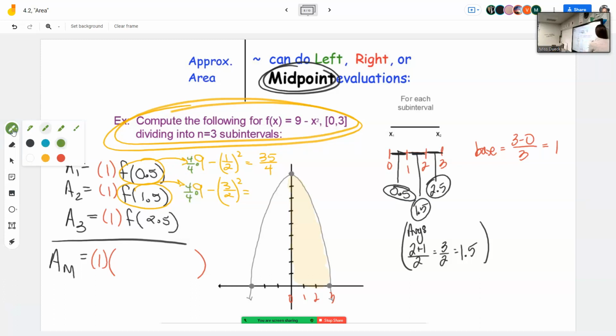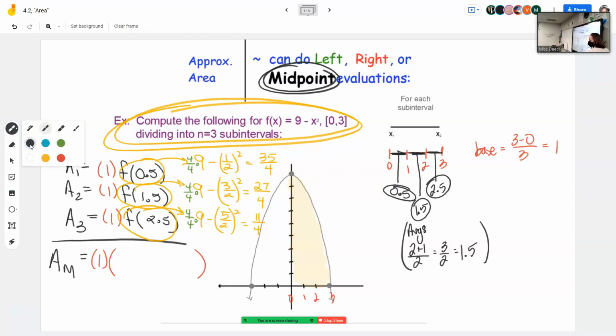But get that 36/4 minus 9/4. 36 minus 9, take some time, it's 27/4. 2.5 would be 5/2 squared, right? 36 minus 25. Do a little bit of mental math on that, but I think it's 11/4. Feel free to double check me and make sure I'm not lying. 35/4, 27/4, 11/4.